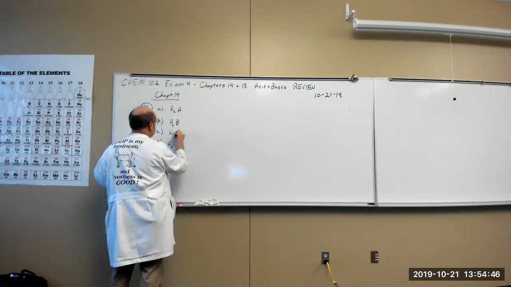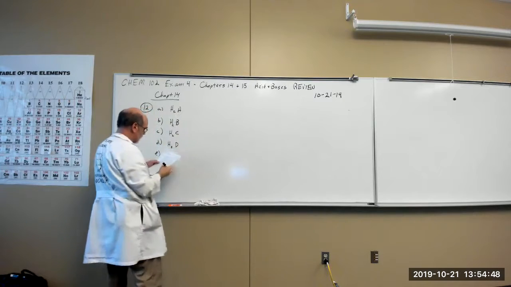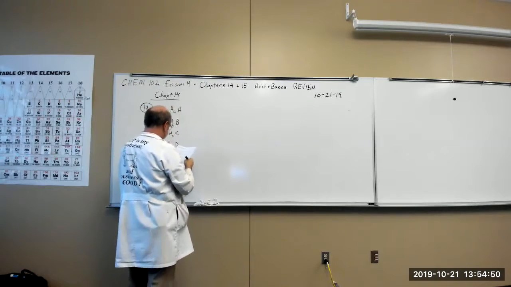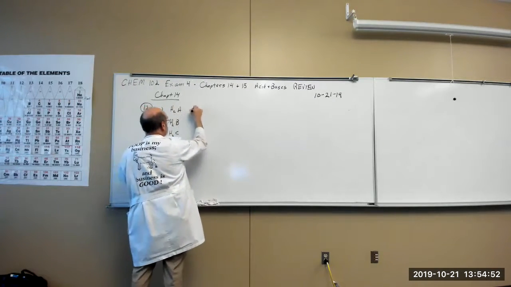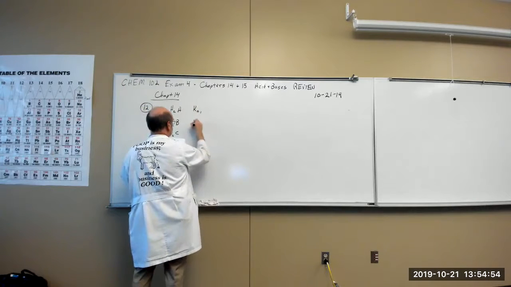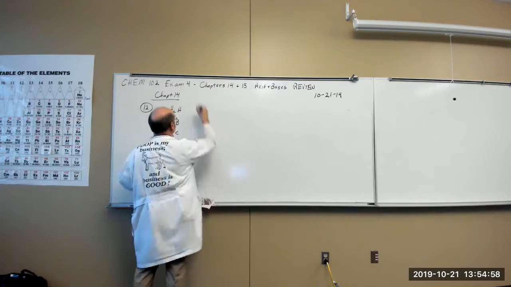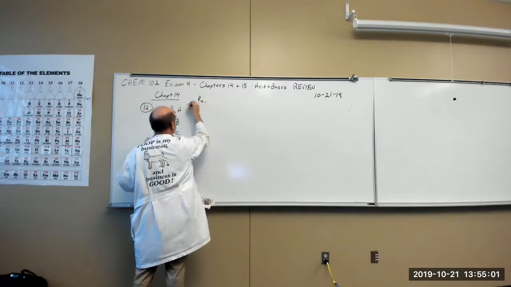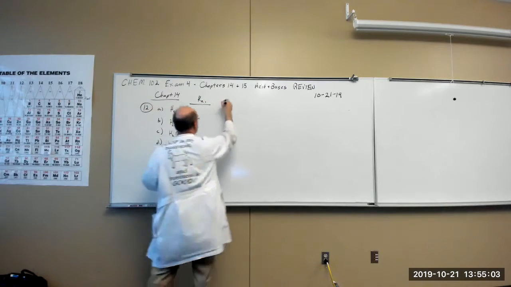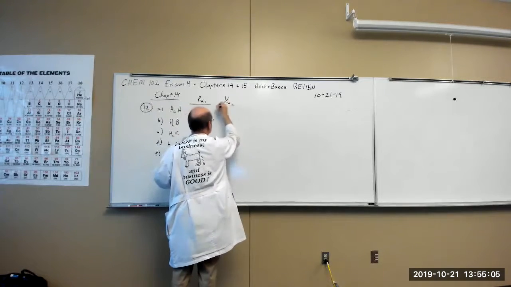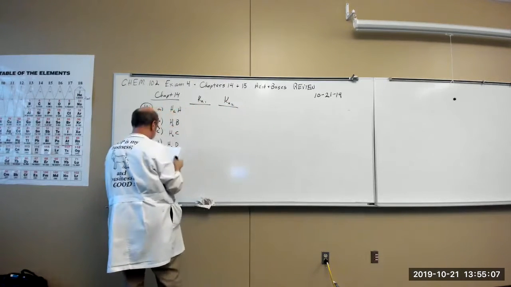A, B, C, D, just to show that they're different acids. And here are the Ks. Let's do it this way. Ka1 is here, and Ka2 is here for the second proton.